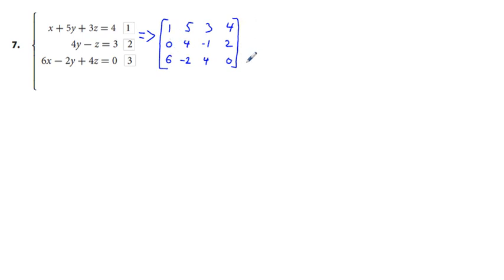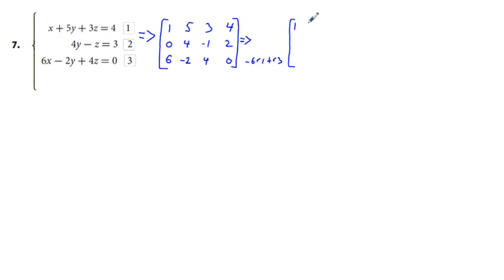And so for that third row, we're going to take negative 6 times row 1 plus row 3. So I'm going to notate to the left of the matrix what we're going to do. So I'm going to rewrite the first and second rows.